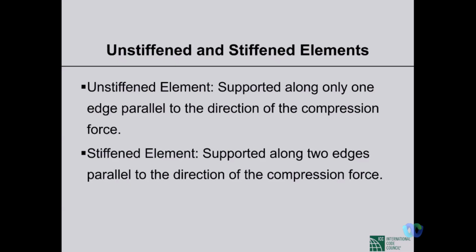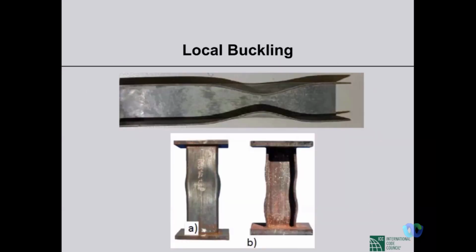So a web in case of flexure about the strong axis is a stiffened element, as the web is supported along two edges.